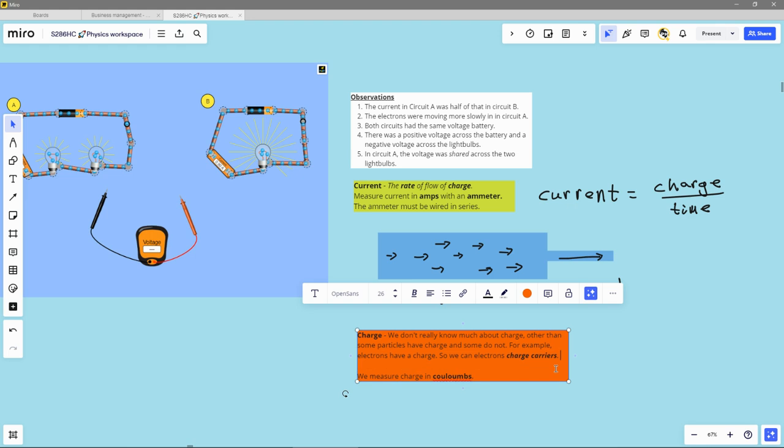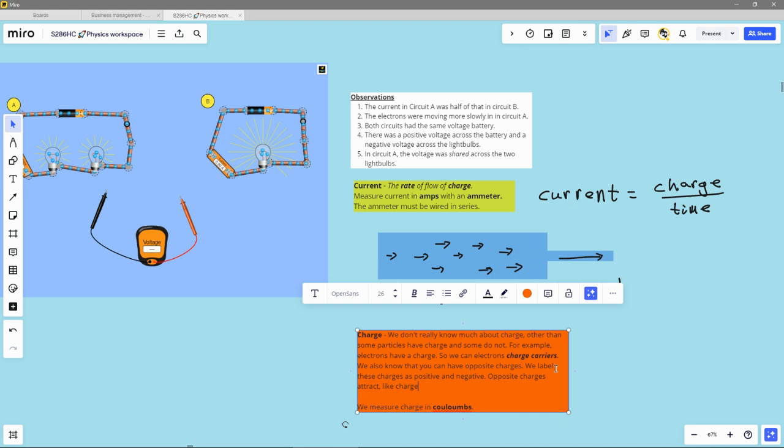So they're charge carriers. Another thing I want to talk about is that we do know other things about charge. We know that you can have opposite charges. We label these charges as positive and negative, and opposite charges attract, while like charges repel.